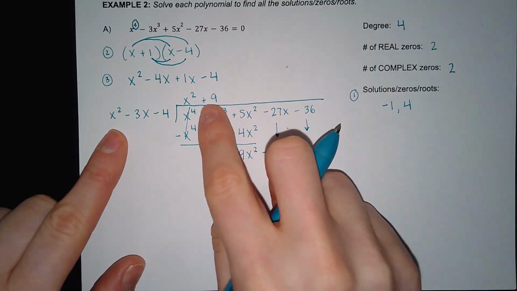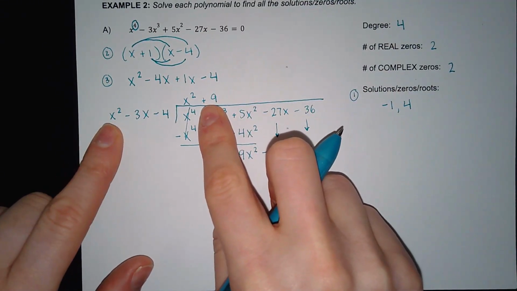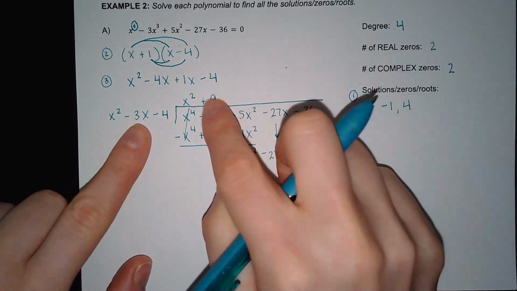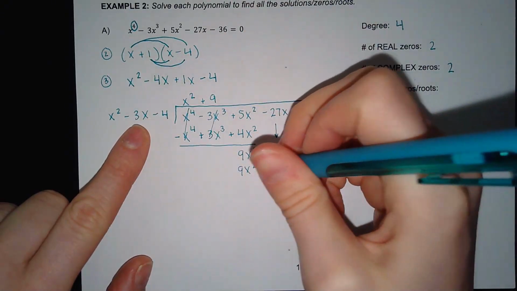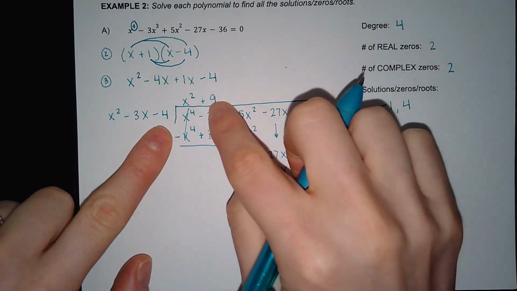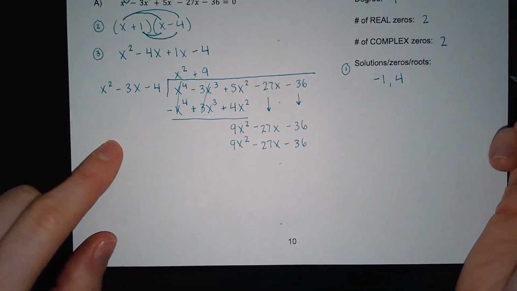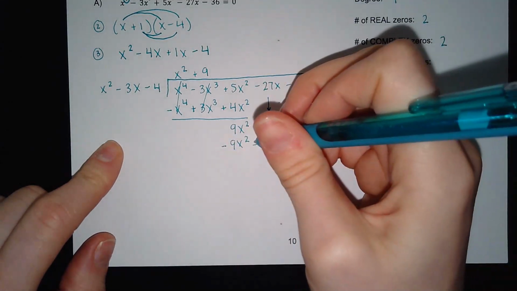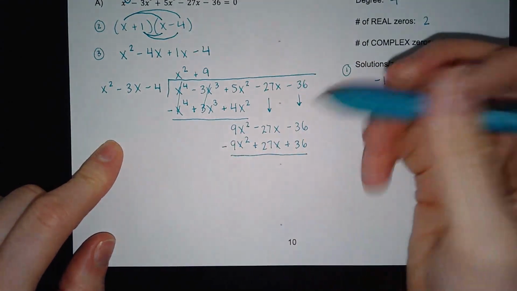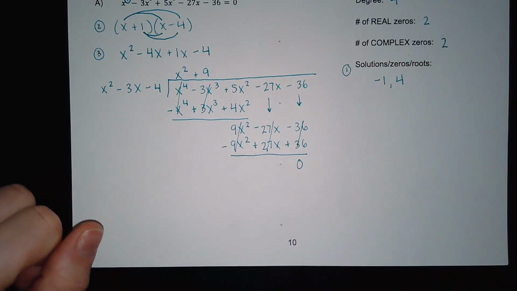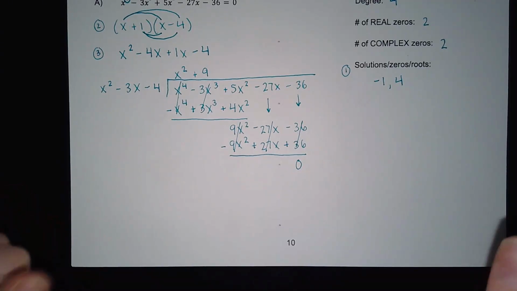So my factor is going to be 9. And we'll multiply: 9 times x squared is 9x squared. 9 times -3x is -27x, and 9 times -4 is -36. Again, we're subtracting, so I'll change those signs. We do see that everything is the opposite, so those will cancel. We'll be left with a remainder of 0, which is what we want.